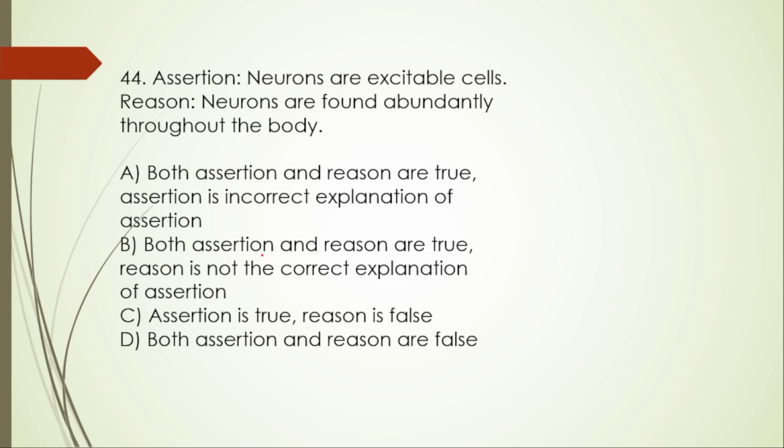Here assertion: neurons are excitable cells. This one is correct. And reason: neurons are found abundantly throughout the body. This one is also true. So both assertion and reason are true, and the reason is the correct explanation of the assertion.